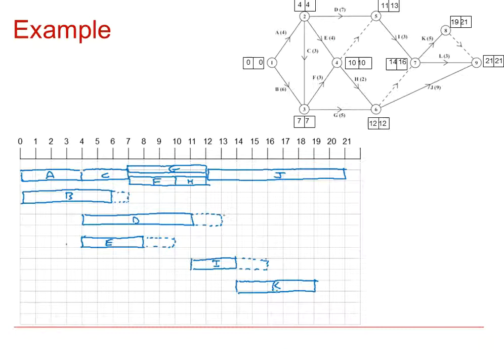That's K, but K could finish as late as 21, so that would give us 2 units of float for K. And lastly, L can start as early as 14 and last for 3 units, so it takes us from 14 to 17, but could finish as late as 21 as well, which would give us an extra 4 units of flexibility or float if necessary.